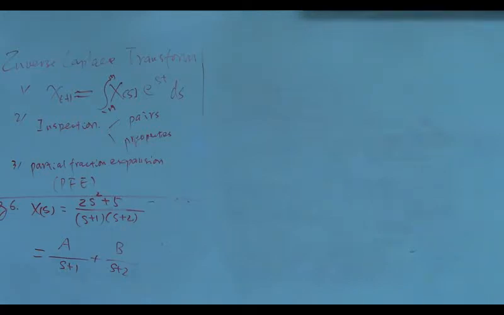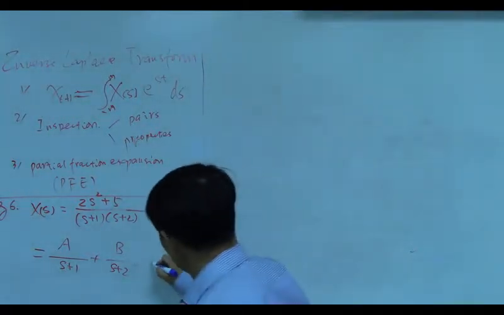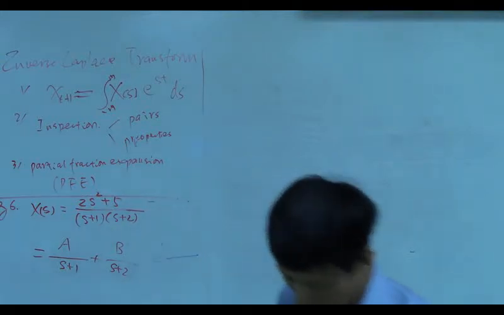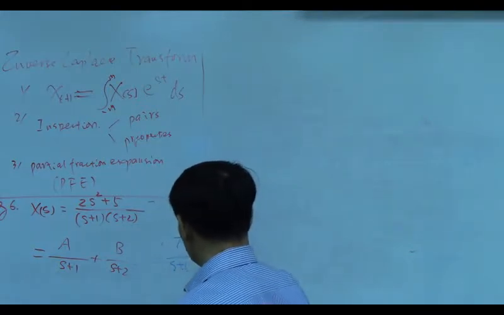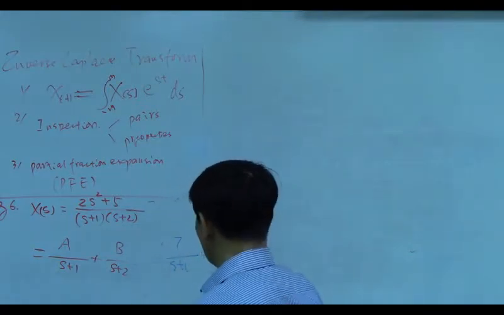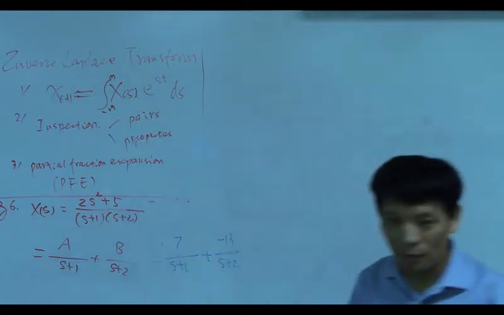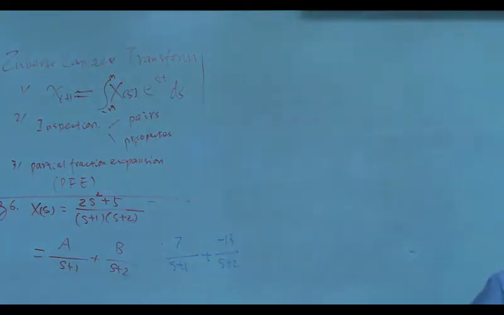Alright, let's do it together. You already know the first one equals 7, right? So 7 over s plus 1 plus negative 13 over s plus 2. I believe your calculation is correct, right?